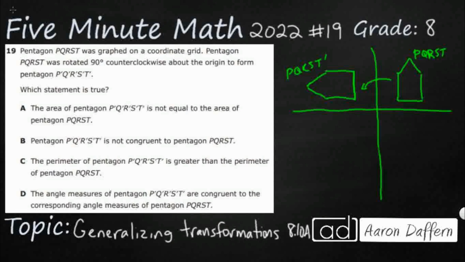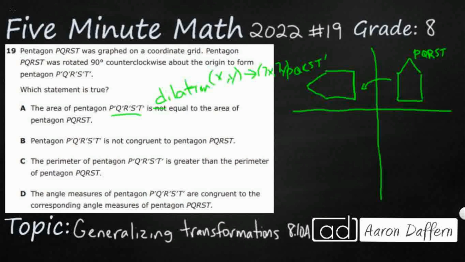All right. So the area of pentagon prime is not equal to the area of PQRST. Well, it would be not equal if I had some type of dilation. So remember, when we use a dilation, we'll do like x, y, and then it transforms using like 7x, 7y, right?